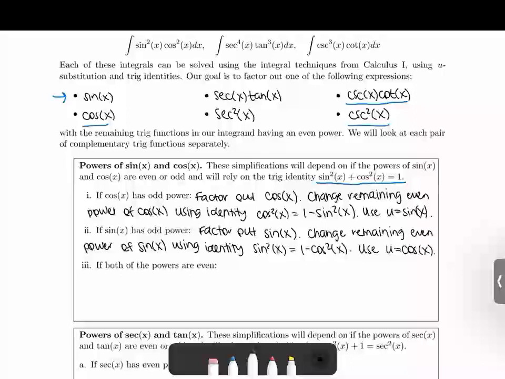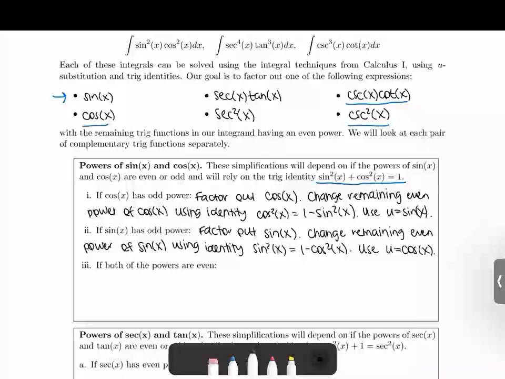And if one of the powers is even, we have to use a trick that's a little bit different. Depending on the strategies that you learned in Calculus 1, you may be familiar with these identities, but you may not be, just because they're less common.